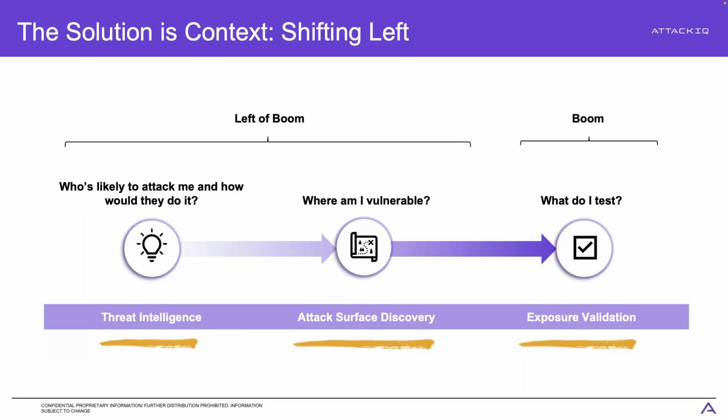Once you start integrating your live threat intelligence, then you're able to start really shifting left, because rather than just scanning, we're also able to prioritize those exposures based on whether or not they align with the adversary behaviors for any given industry or for you.